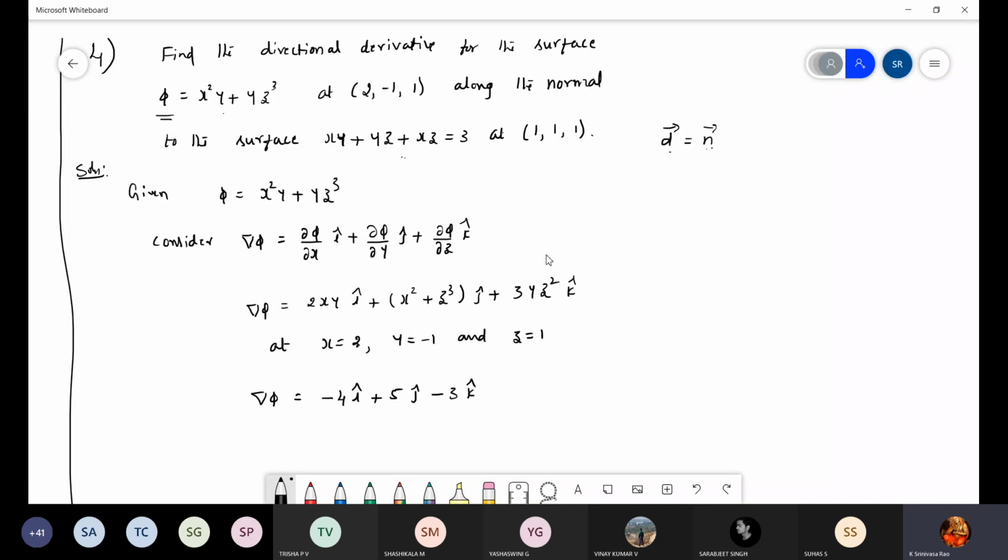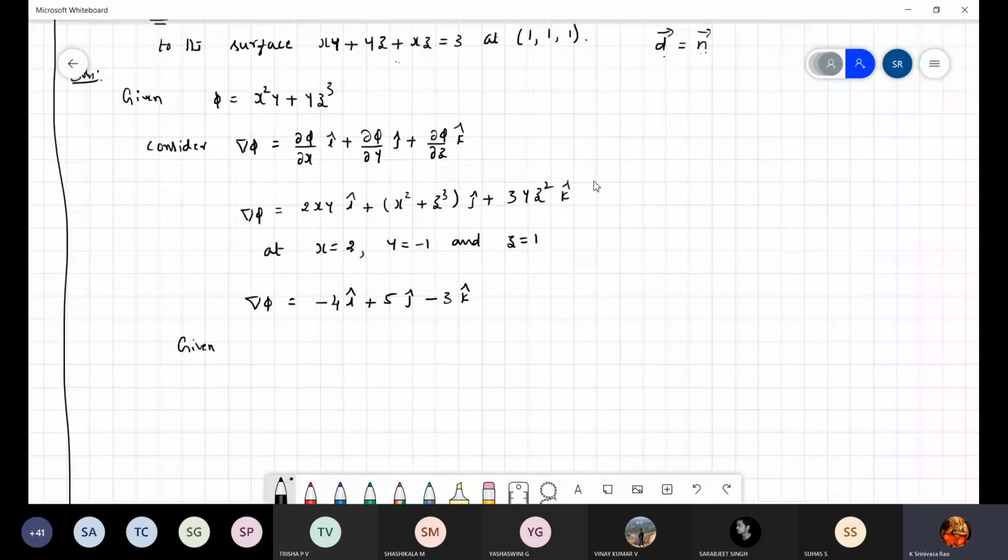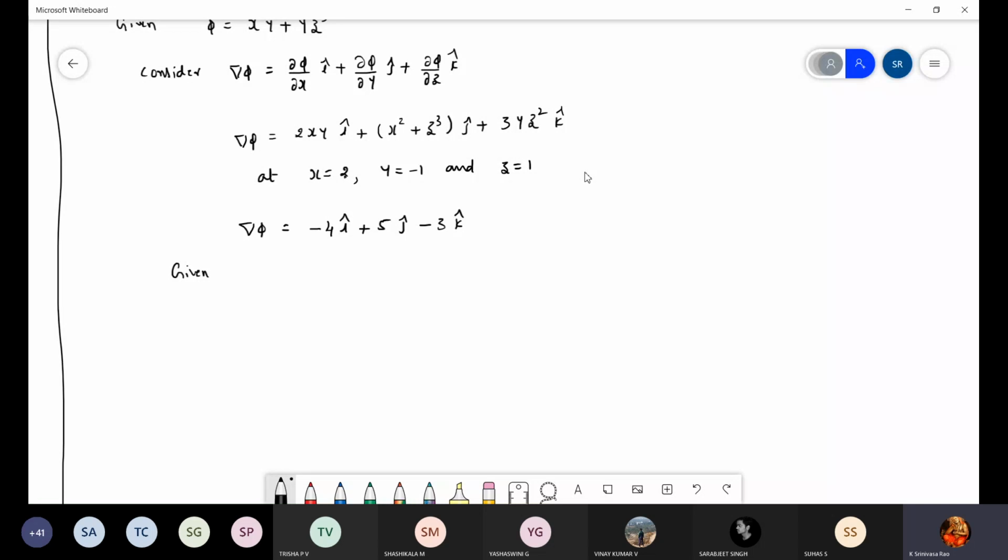Next, given d equals the directional vector, equals vector n, the normal vector. Okay, n stands for the normal to the surface.